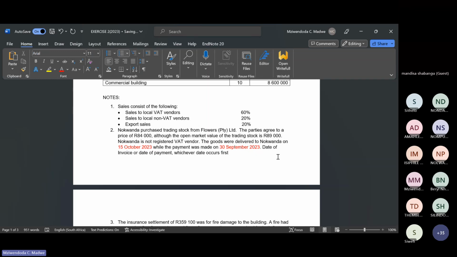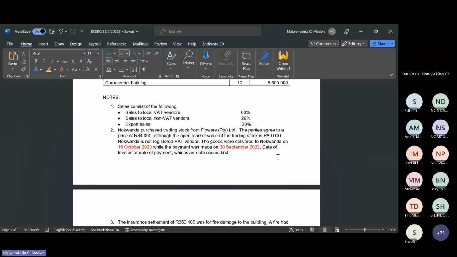So section 9, subsection 1, says you are going to start calculating VAT, or you are going to start claiming VAT, at the earlier of the date of invoice or the date of payment, whichever date is earlier between the 2 dates.